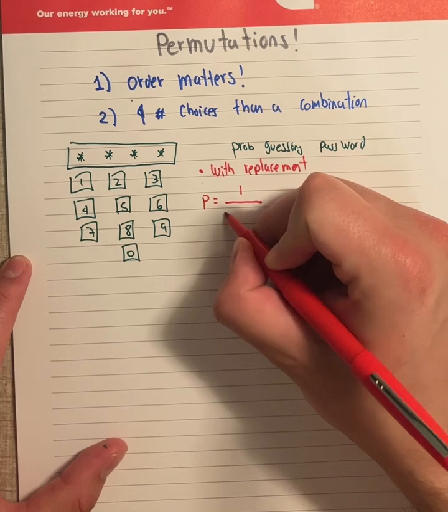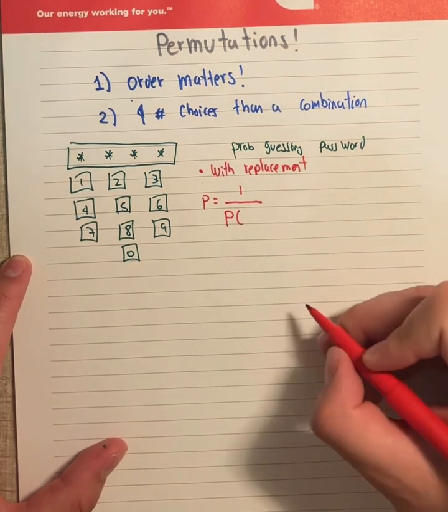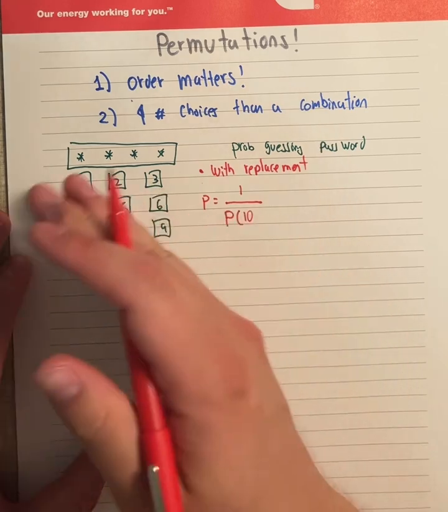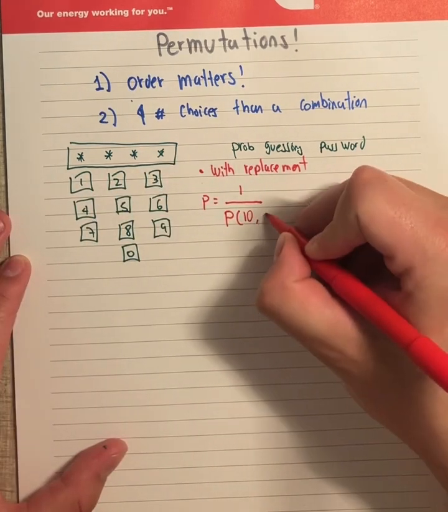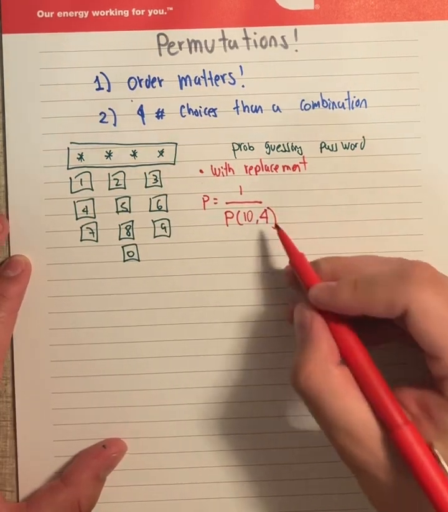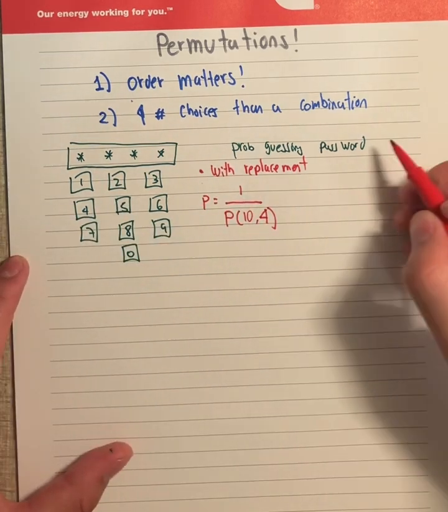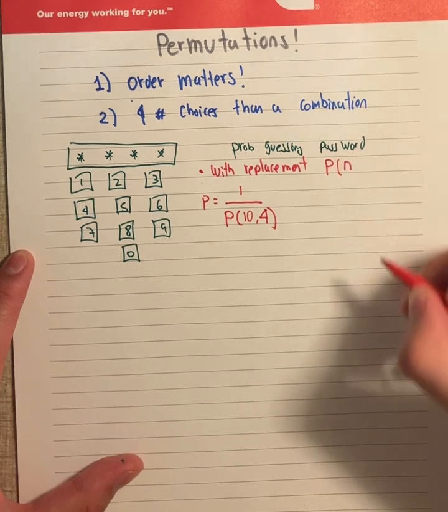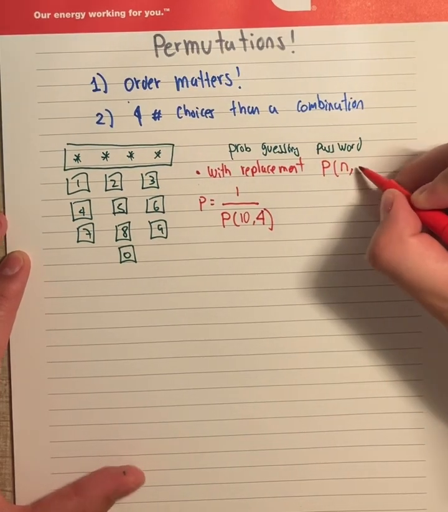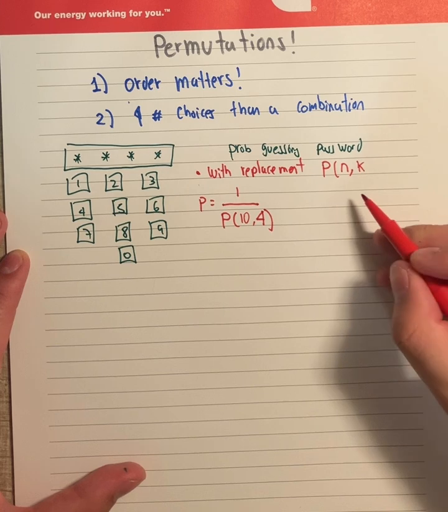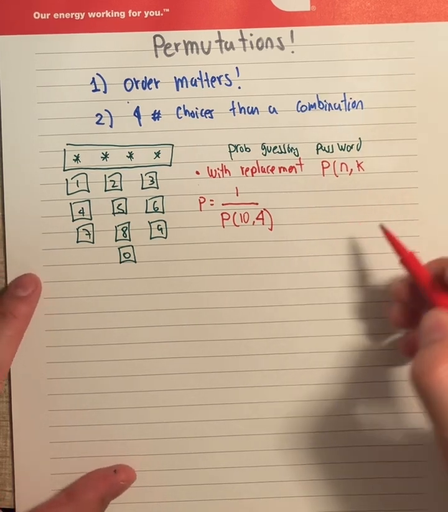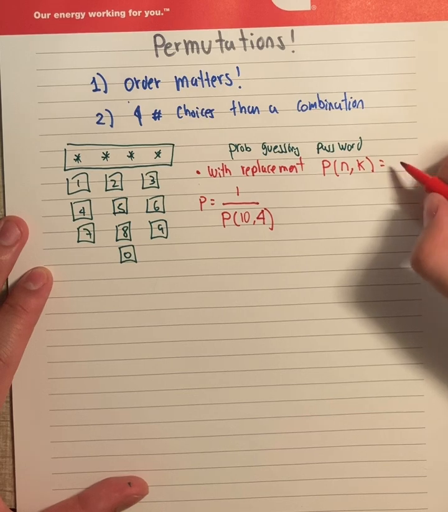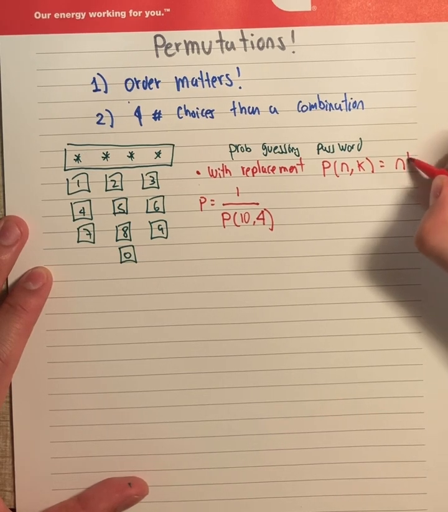So this will be the permutation of 10, because there are 10 different digits, and you're arranging a total of 4 items. In other words, the total number of options and the total number of items that you need to arrange, you're going to see later that this is equal to n to the k.